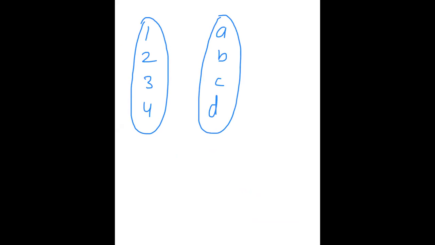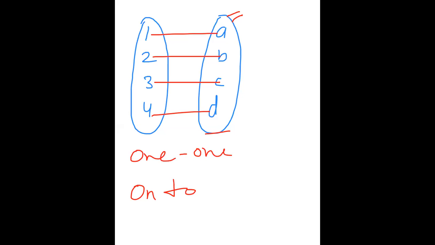If it is like this, then it is a 1-1 relation. We are able to see nothing is free in the image set, that indicates it is onto also. So the relation is 1-1 as well as onto.